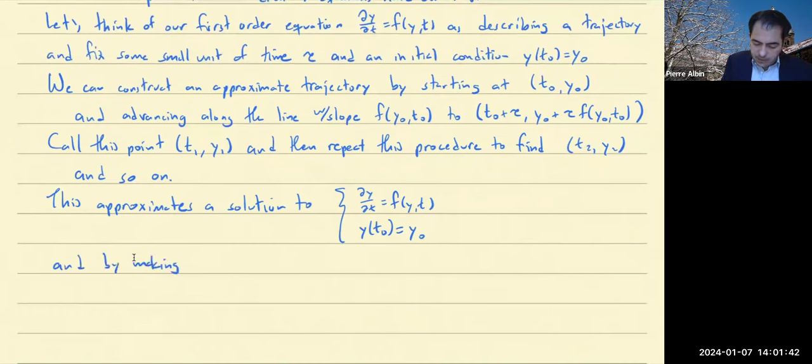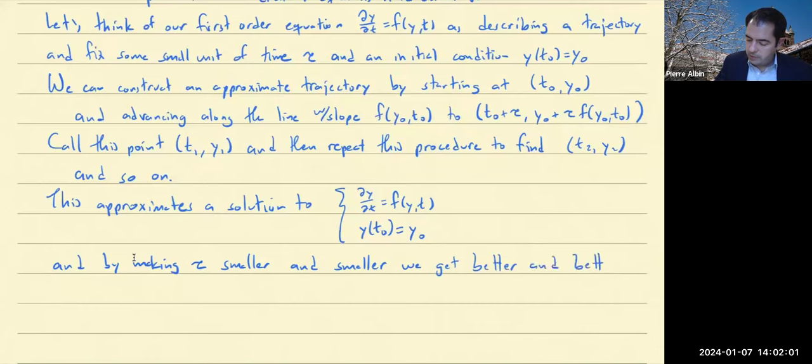And then by making tau smaller and smaller, we get better and better approximations until eventually, if everything goes well, we converge to a solution.